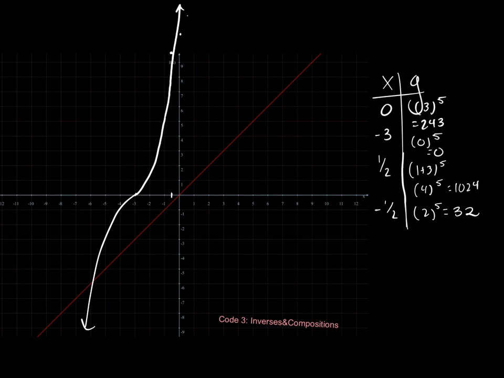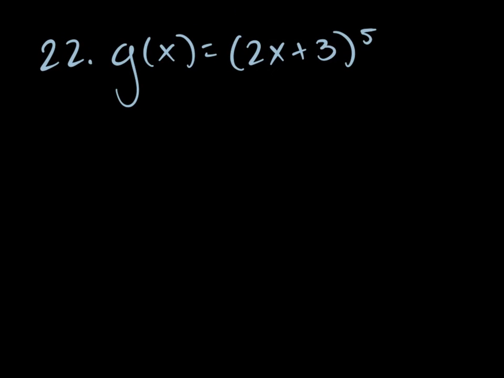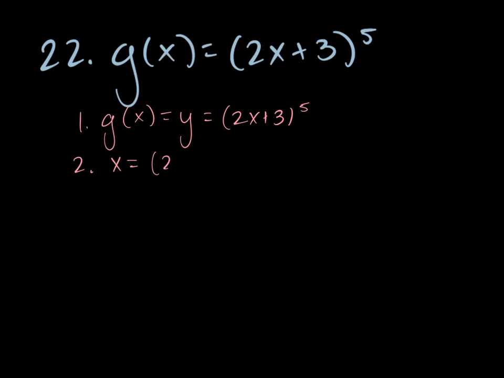And so the next thing we need to do is check to see if the horizontal line test passes here, which if we take our horizontal line and run it along, it does pass, so we're good. So the horizontal line test passes, that means I have an inverse here. So now we're going to go back up to the equation at 22 and solve for the inverse using our steps. So first step, replacing that with a y, interchanging the x's and y's, and then solving for y.